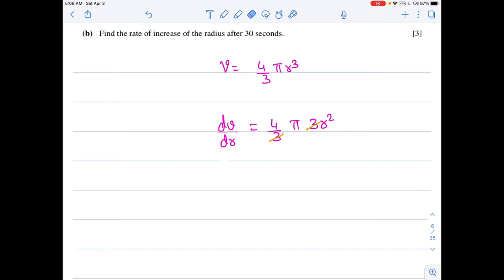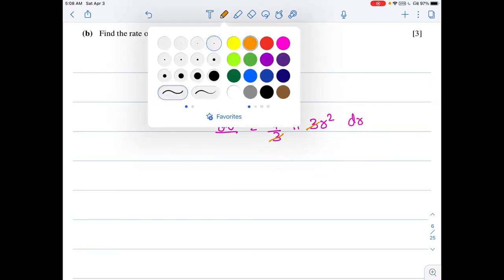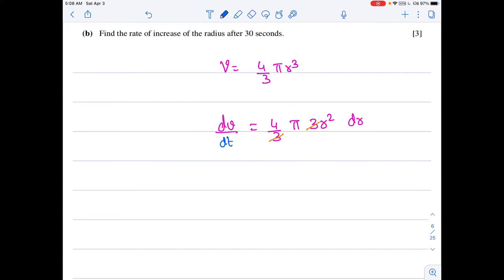I am going to move this dr up over there, and then divide by dt on both sides. So I get dV upon dt is equal to 4 pi r square dr upon dt. This is the easiest way to get the rate. Whenever I say rate, it should be dt in the denominator.